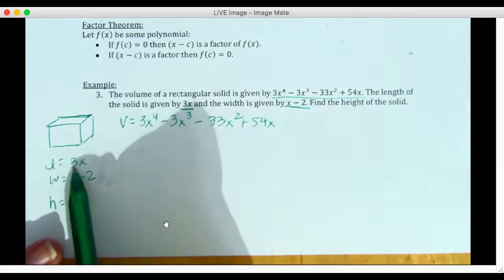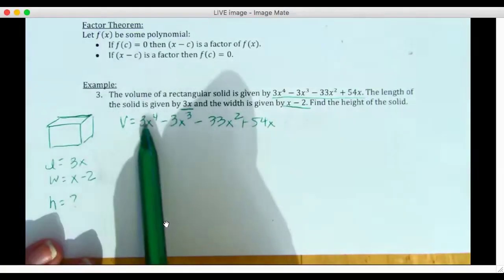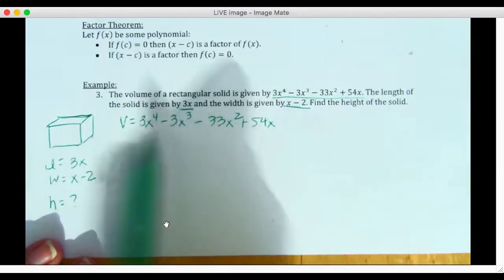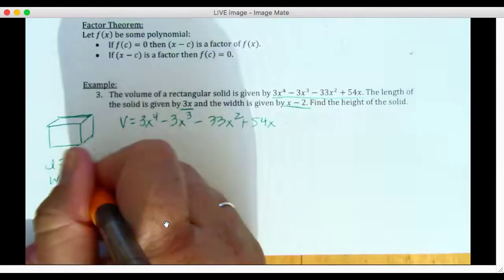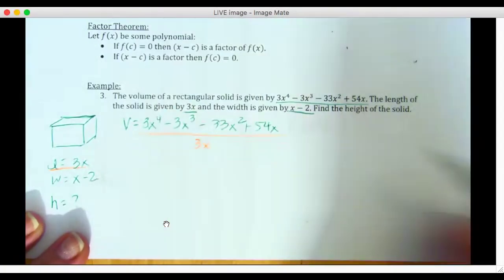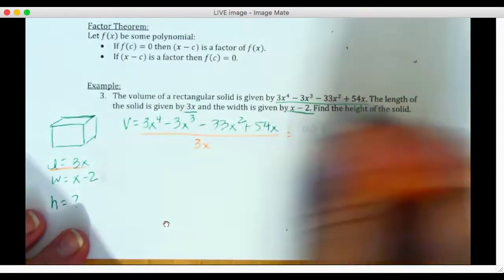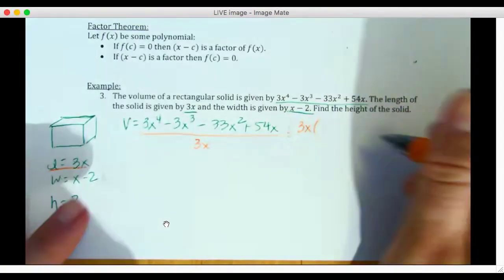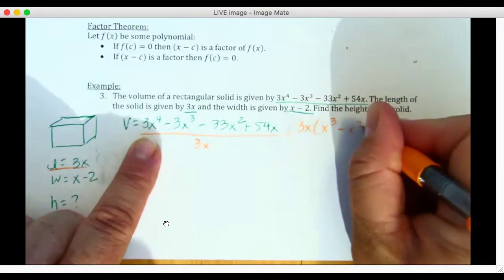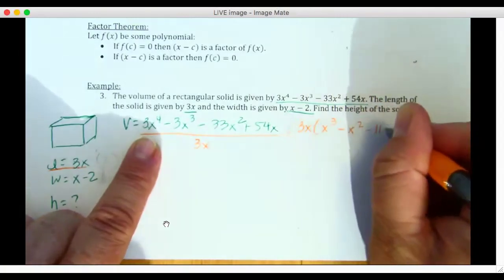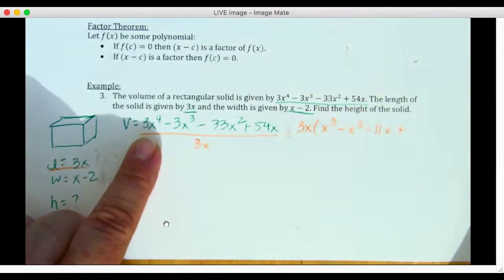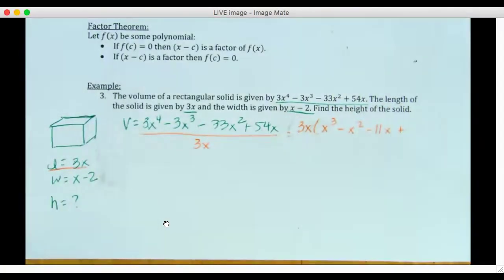Now, it tells me my length is 3x. I notice that all 4 of these terms are divisible by 3, and they all have an x on them. So the very first bit of division I'm going to do here is with the length. I'm going to divide this whole thing by 3x. So if I factor out a 3x here, I'm left with x cubed minus x squared minus 11x plus, and then 54 divided by 3 should be 14.